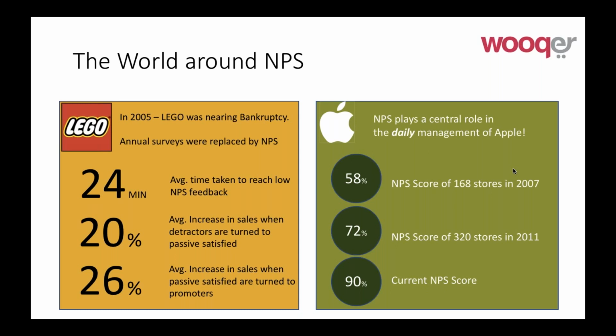The other case study is about Apple. Apple is known for its customer service, and has been a gold standard in terms of valuing customer feedback. And in today's day, especially in the retail format of Apple, measuring NPS and acting upon NPS is a daily process.